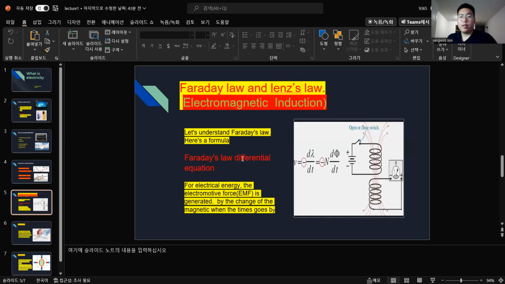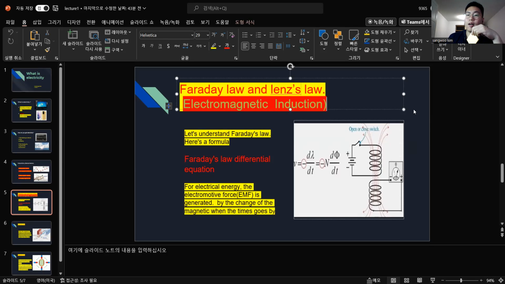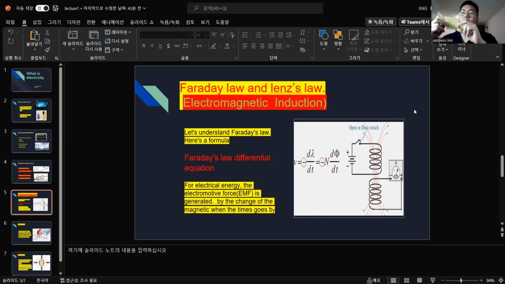Let's see more. To understand the magnetic field, when the coil moves, how is the induced energy, the electromotive force, EMF, induced? To understand this, we have to memorize Faraday's law and Lenz's law of electromagnetic induction.